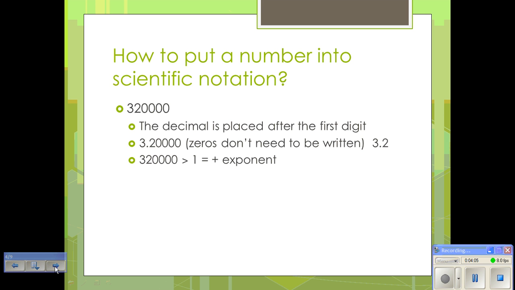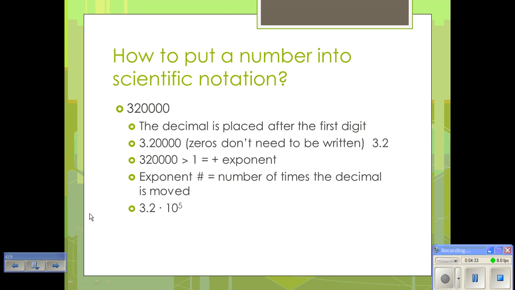Since this number is larger than 1, our exponent is going to be positive, and we count how many times we have to move the decimal point to get it to where there's only one digit in front of it. So we've got 1, 2, 3, 4, 5. So we have 3.2 times 10 to the fifth.